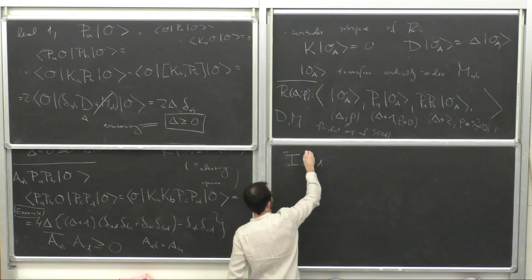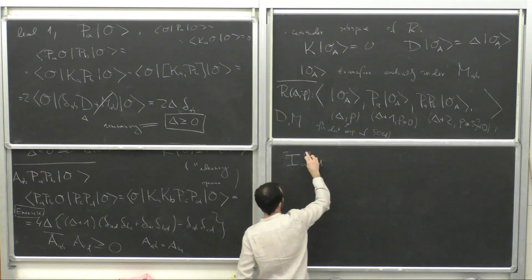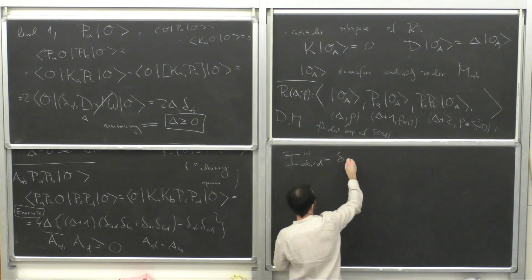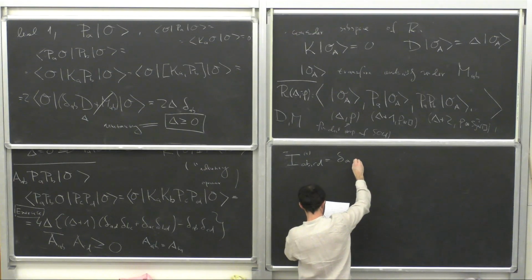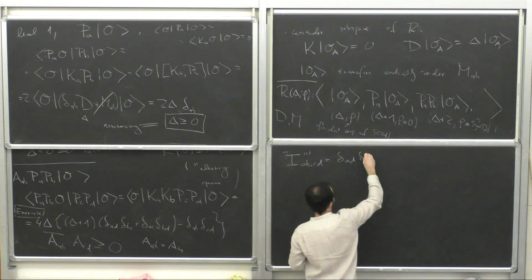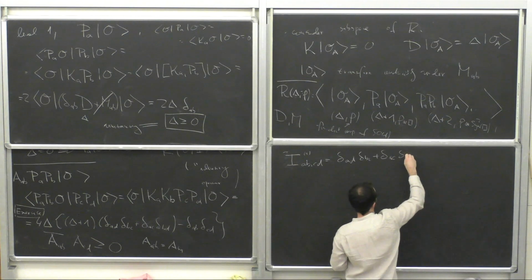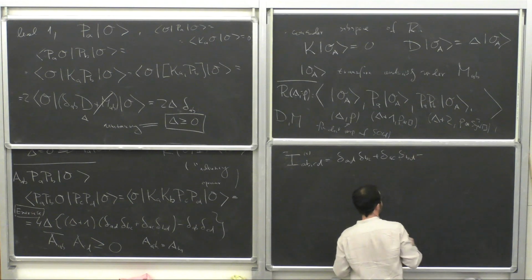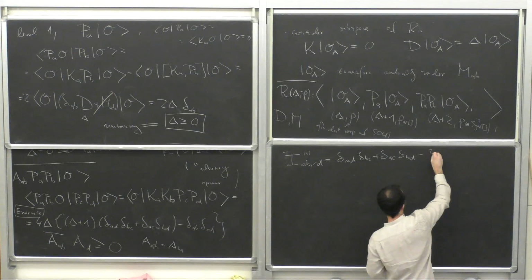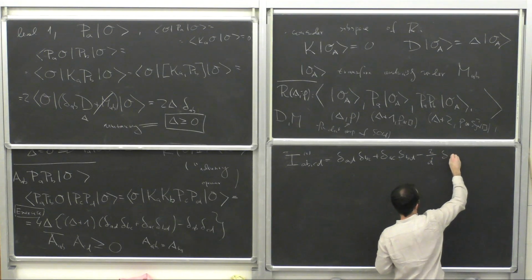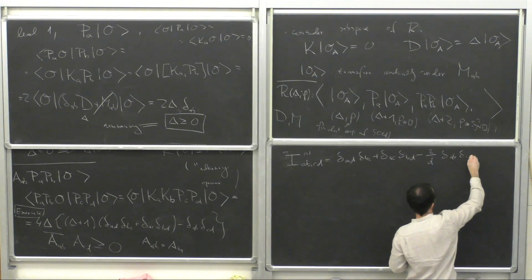The projector onto the symmetric traceless object is delta AD delta BC plus delta AC delta BD, but it should be traceless, so we need to do minus 2 over D delta AB delta CD, okay?